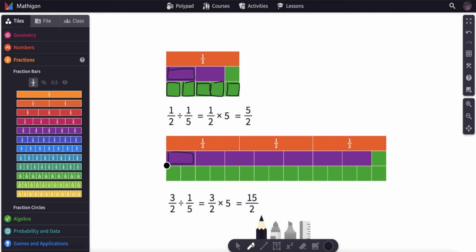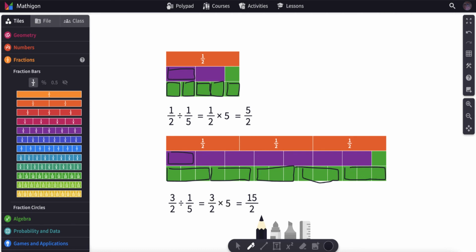So here's the original piece, and here's 3/2 of the original piece we're dividing by here. How many of those fit in? And you can actually see that 5 of those 3/2 pieces fit into our original number that we're dividing into. And so there's where the 3/2 times 5 comes from.